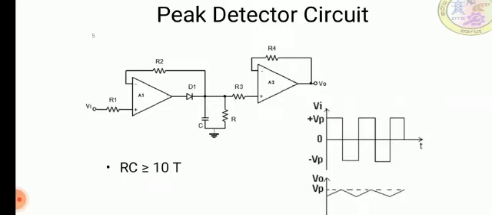Thereby it allows the circuit to behave as a voltage follower. So the output voltage follows the applied input voltage as long as Vin is more than Vc. And as Vin reduces below the value of the capacitor voltage Vc, it causes the diode to get reverse biased.